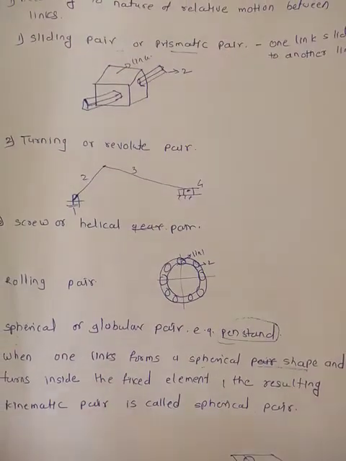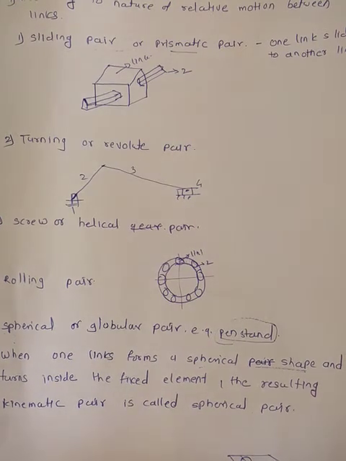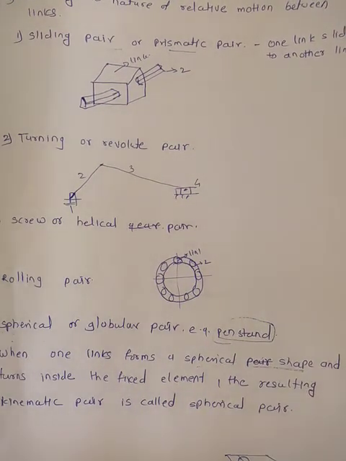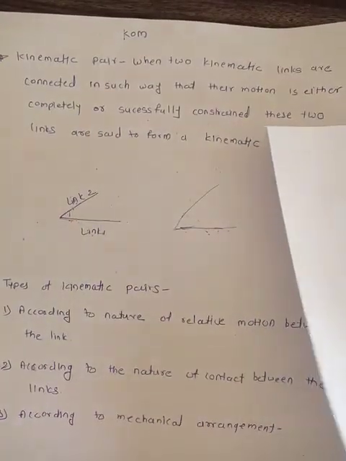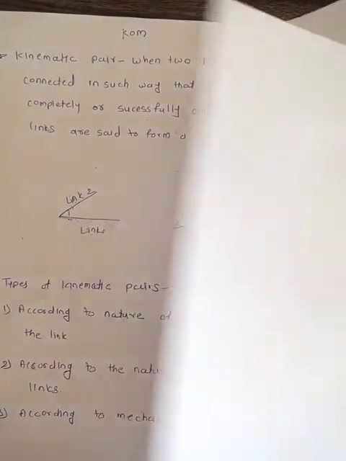In the previous lecture we have seen this type of relative motion between the links. And in this video, the second type we have seen is according to the nature of contact between the links.